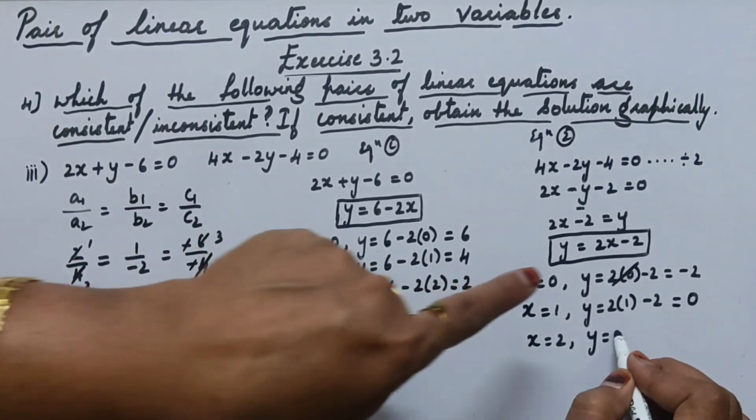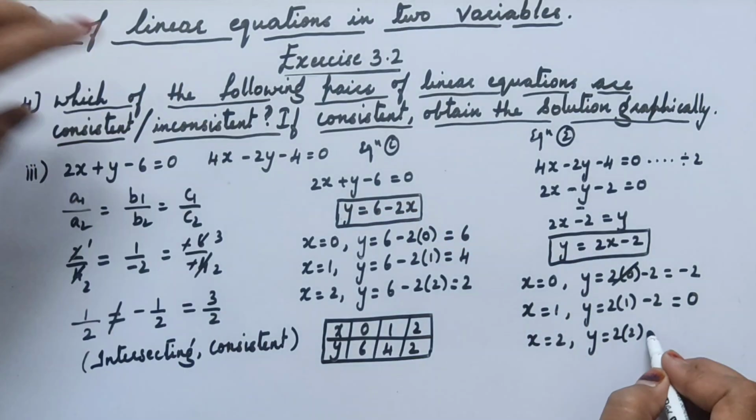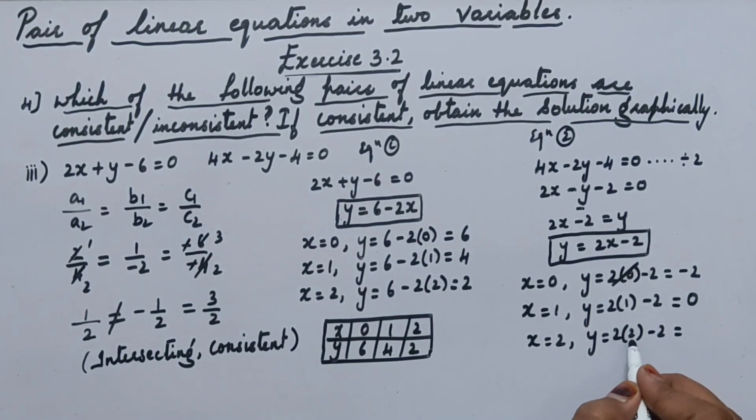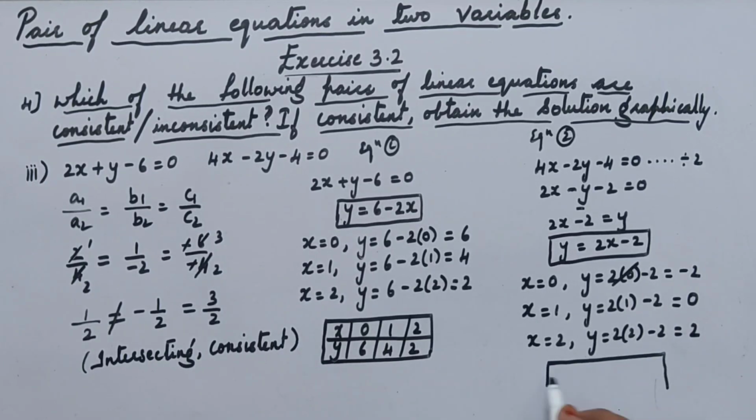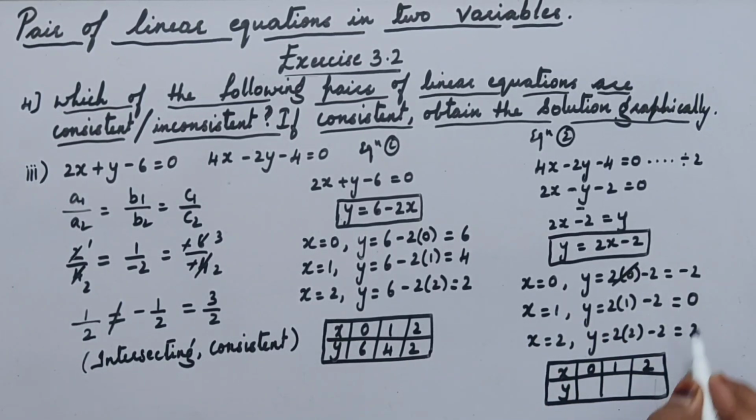Here y equal to 2 into 2 minus 2. 2 twos are 4. 4 minus 2 is 2 students. Now this is a solution table. This is xy. I got the values here 0, 1, 2 and here I got minus 2, 0, 2. Okay, so this is what the solution table I got for equation 2 and this is for equation 1.